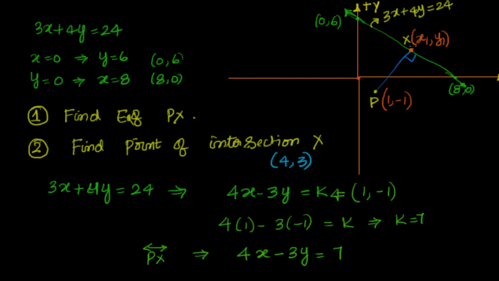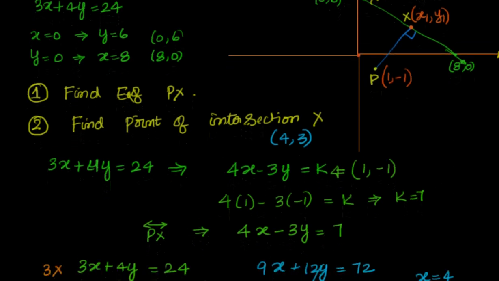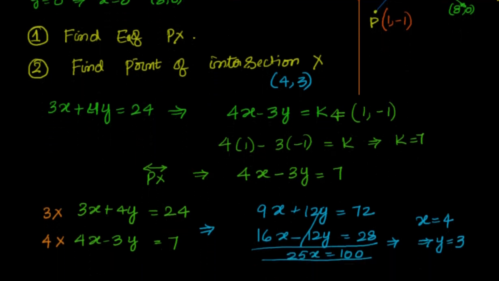Not only that, it also has to pass through the point (1, minus 1), because you have drawn the perpendicular from point P. Any line perpendicular to 3x plus 4y equal to 24 will be of the form 4x minus 3y equal to k, because the slopes should be negative reciprocals. If this is minus 3 by 4, the perpendicular one should be 4 by 3. Now we substituted P in that and we found the equation of PX.